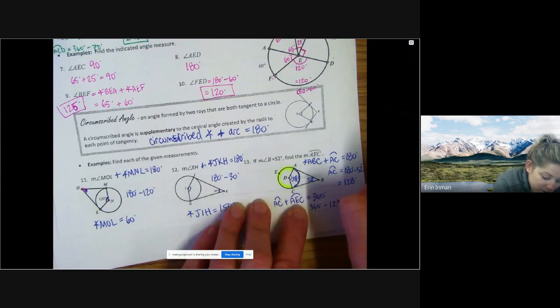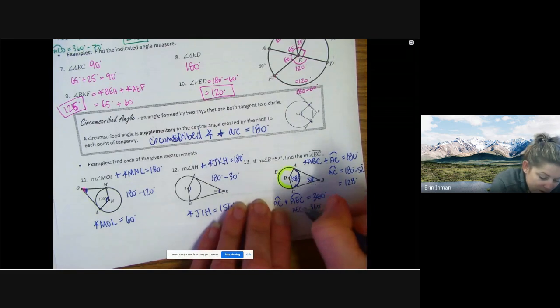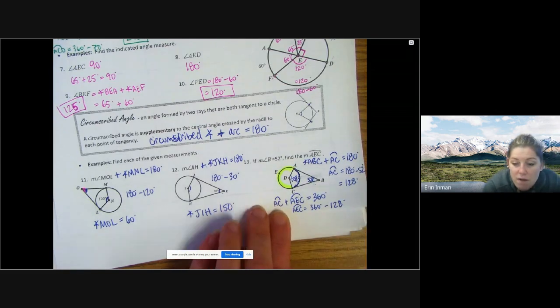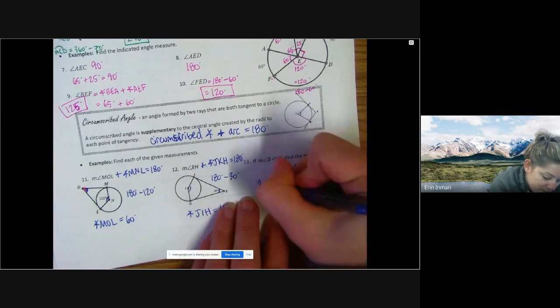I'm running out of room here. And that will help me find what my arc AEC is. So let's see, if I do 360 minus the 128, I get 232 degrees.